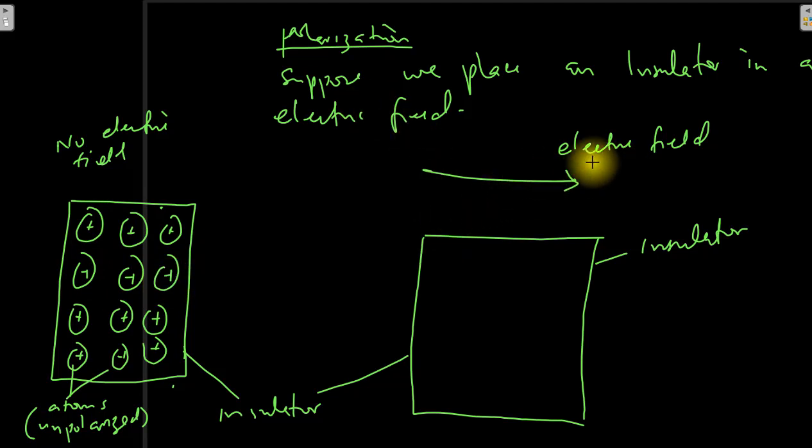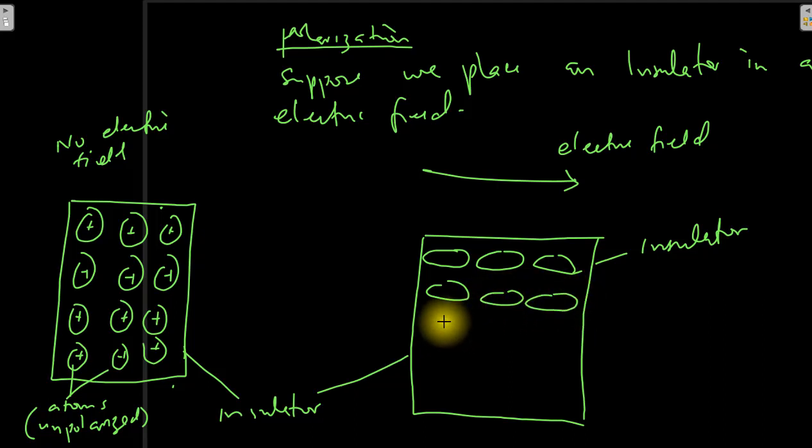But what happens after an electric field has been applied is that the shape of the atoms is going to change. So these are polarized atoms now. As you can notice, their shape changes. I'll only draw a few.